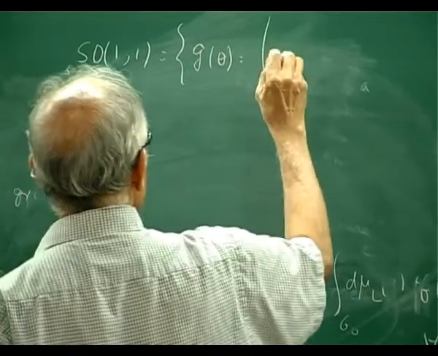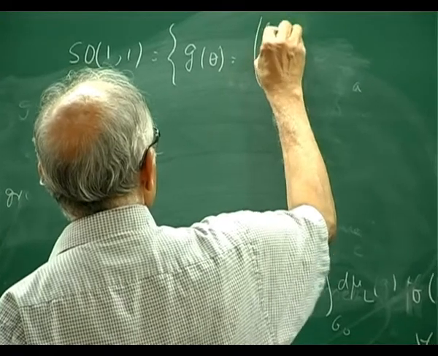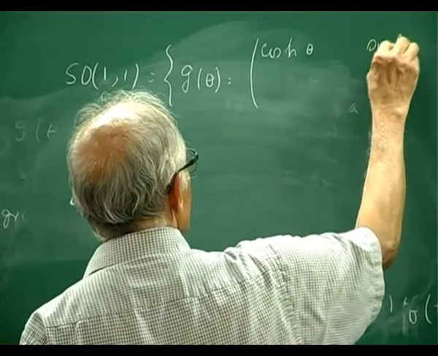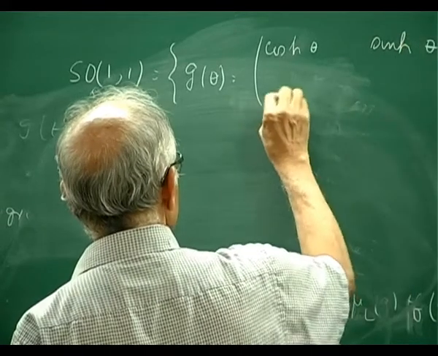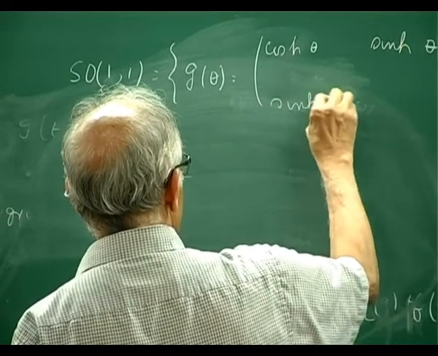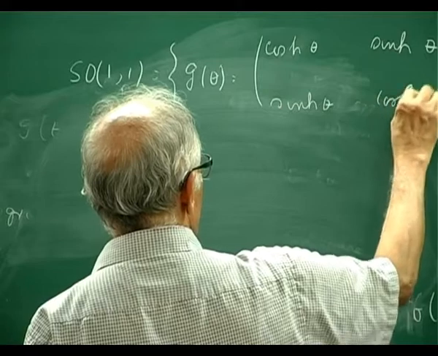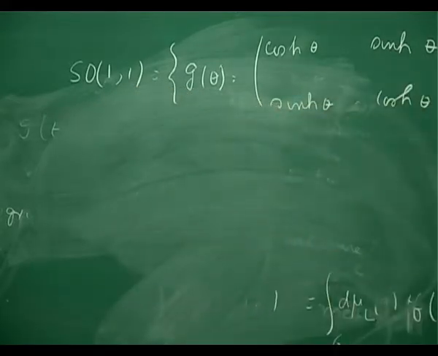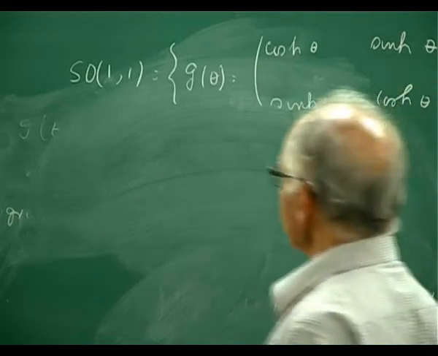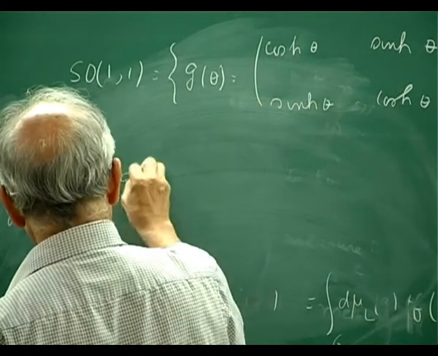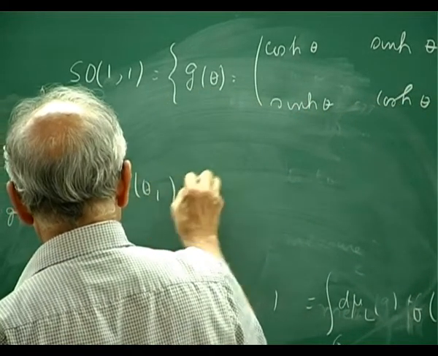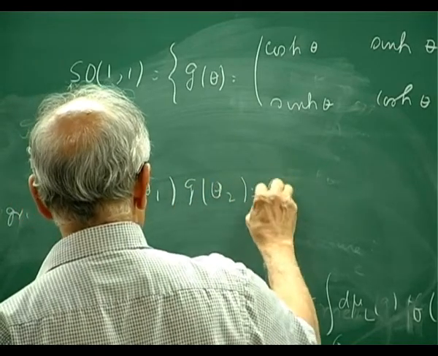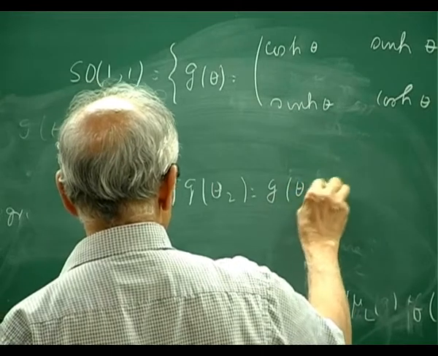This is normally written as cosh theta, sinh theta, sinh theta, cosh theta, hyperbolic functions of theta, and you can check that g of theta 1 times g of theta 2 is g of theta 1 plus theta 2.